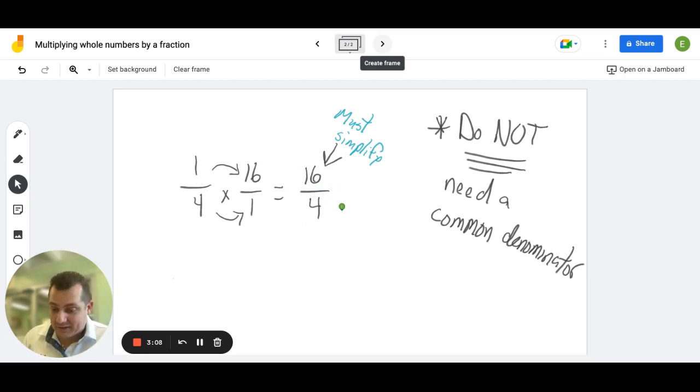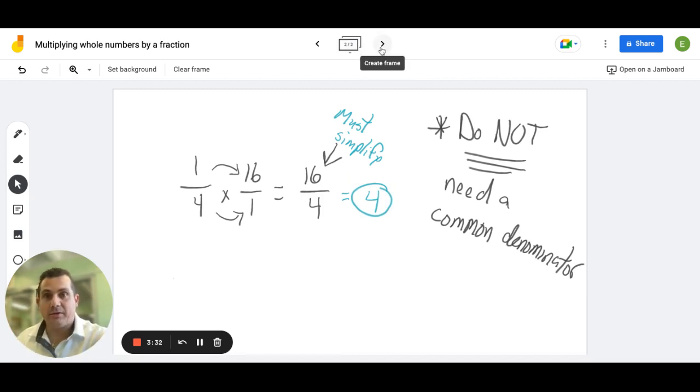This goes nice and evenly because 16 divided by 4, I know is 4. So 1/4 times 16 equals 4. You could multiply straight across. You do not need a common denominator.